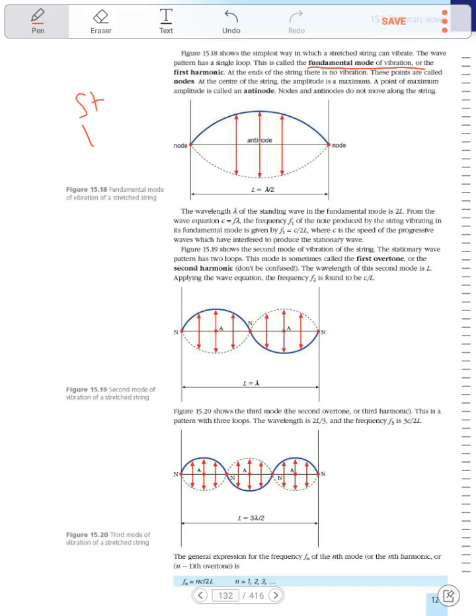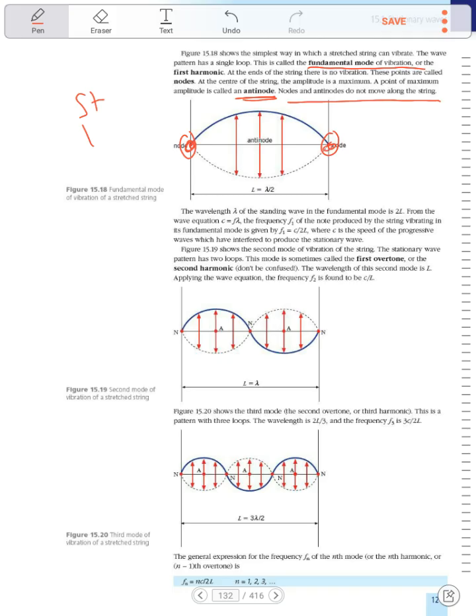At the ends of the string we have nodes, and at the center we have an antinode. Nodes and antinodes do not move along the string. They stay at their positions.